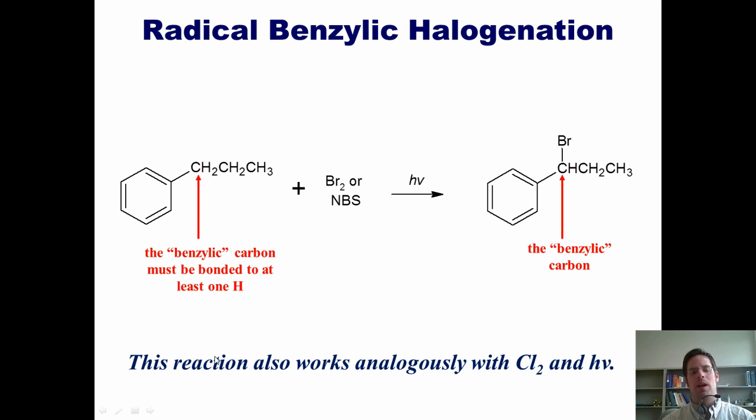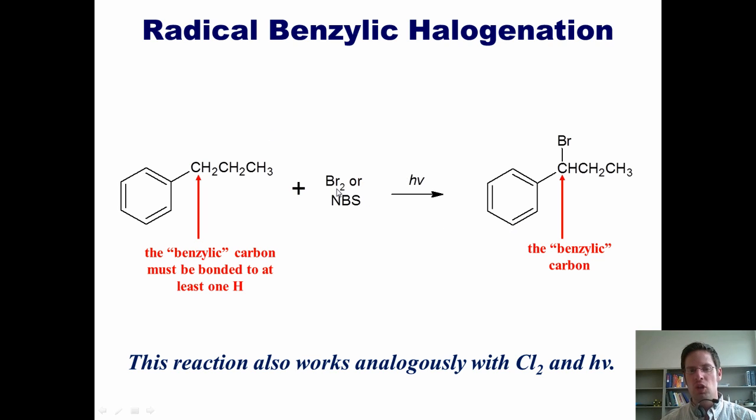Now, one thing I wish to point out is that this reaction also works analogously with chlorine and hν. Thus, I could put a chlorine on the benzylic position as well if I had Cl2 instead of Br2. Now, there are two things that I need to point out here. One is I don't want you to get this reaction confused with the reaction in which I put a bromine on the ring.